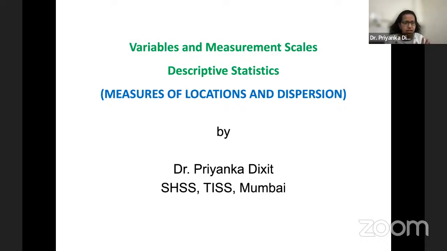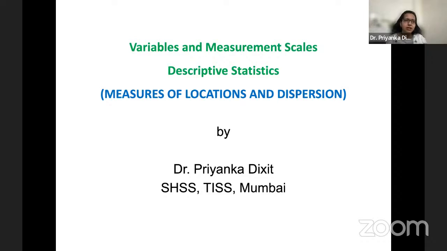I hope this is clear to everyone, what is the need of inferential statistics. We wanted to draw inference from the sample so that with the help of the sample, we can inform people what the characteristics and situation of the population are.